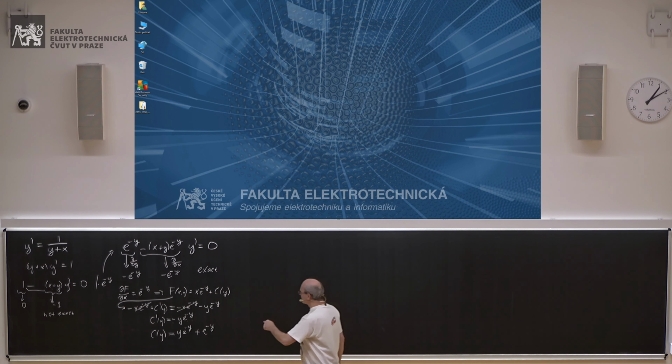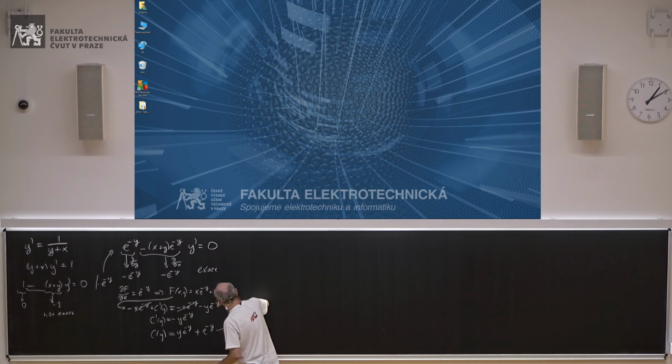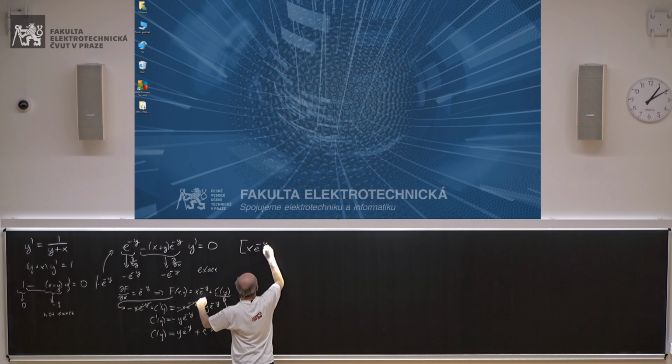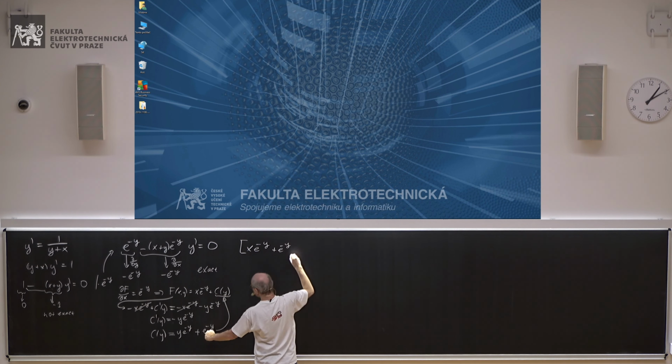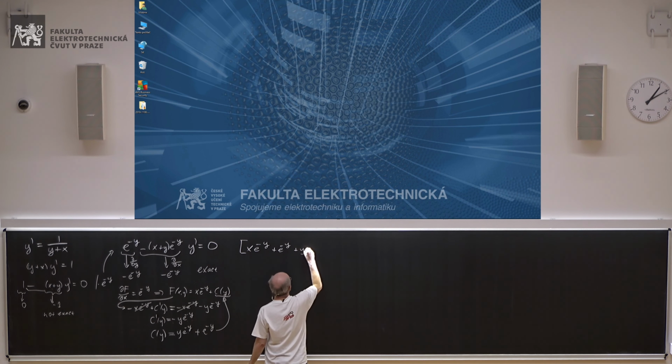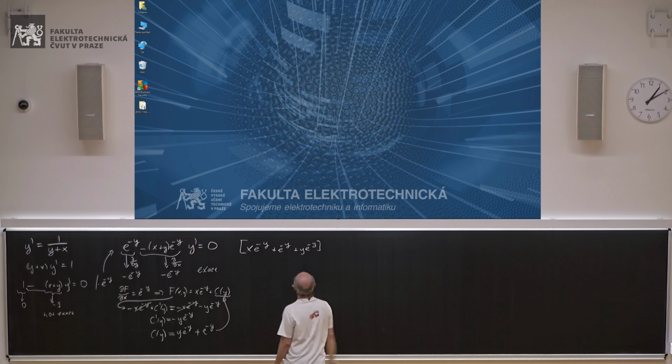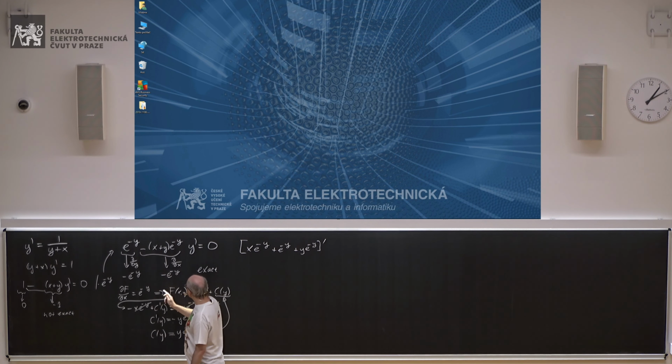So that's c(y). Okay, this comes here. And therefore, my F(x,y) can be written as x e to -y plus e to -y plus y e to -y. And this, when I differentiate it, will create the left-hand side of my equation.